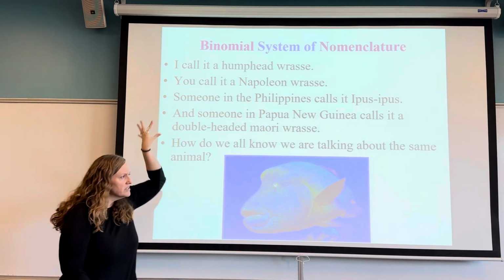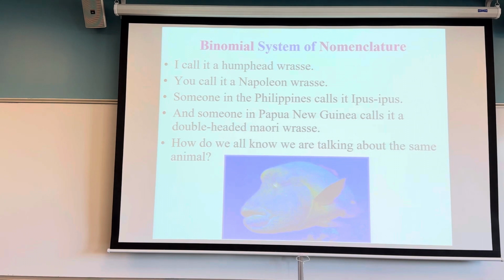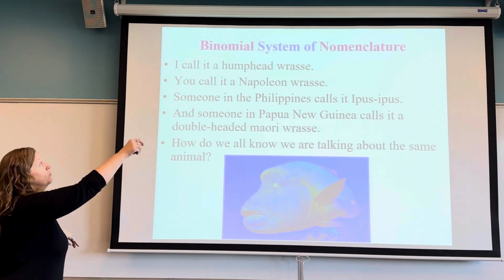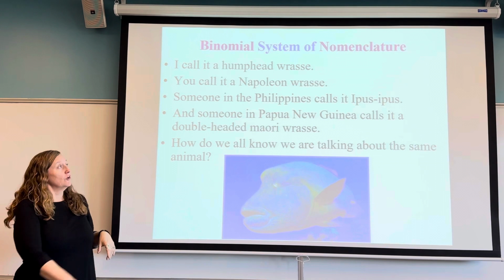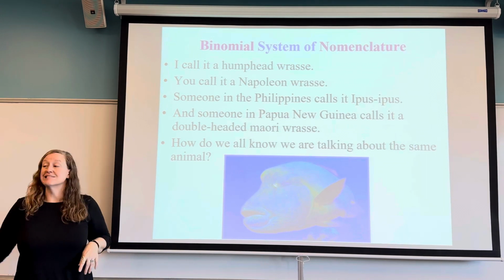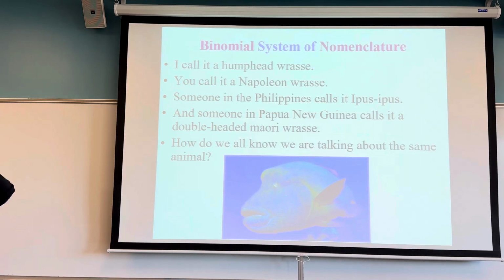Because there are so many different common names, it's really important to have what we call the binomial system of nomenclature. Binomial means bi, two, nomial, name, and nomenclature is a system of naming. So when we talk about the two-name system, we're talking about the genus and the species.